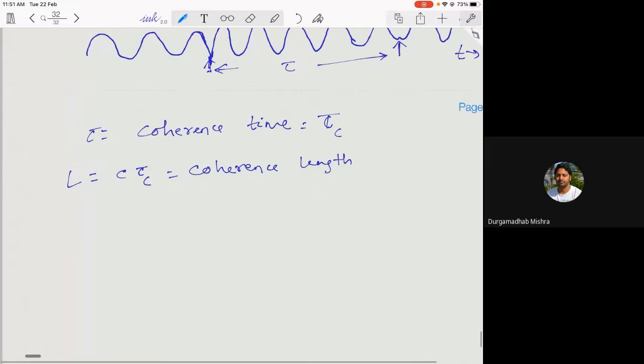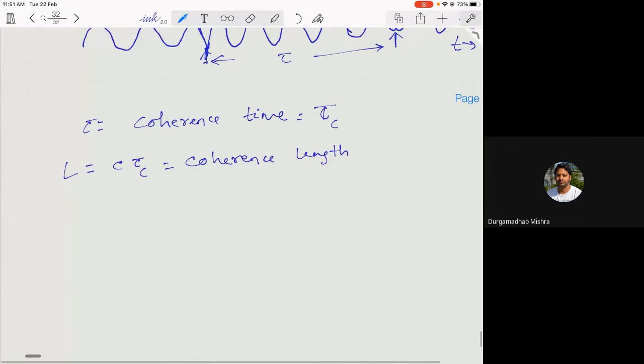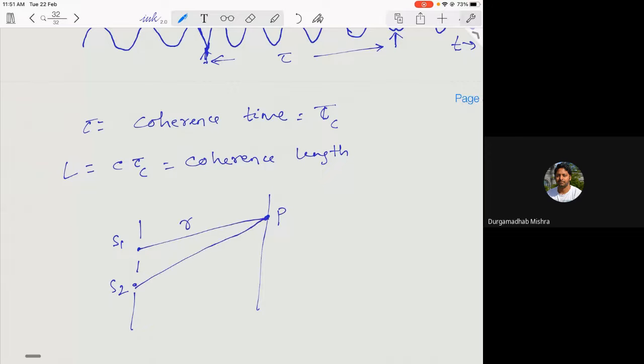If you look at your double slit experiment, Young's double slit experiment, this is your S1 and S2, and we say we are observing an interference pattern at P. This is your optical path, R1 and R2.